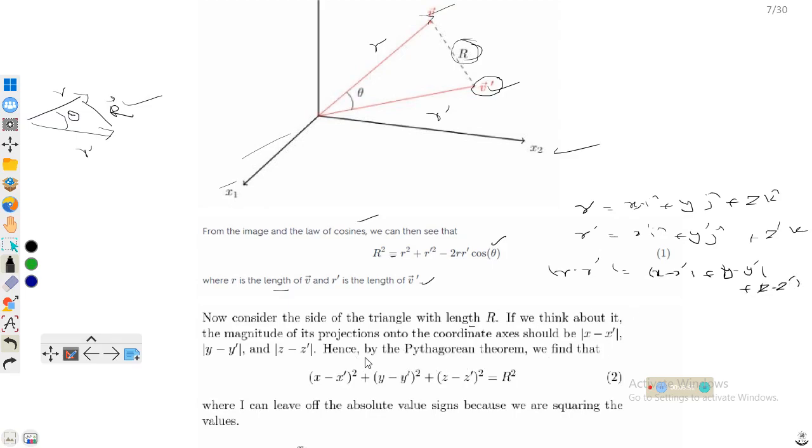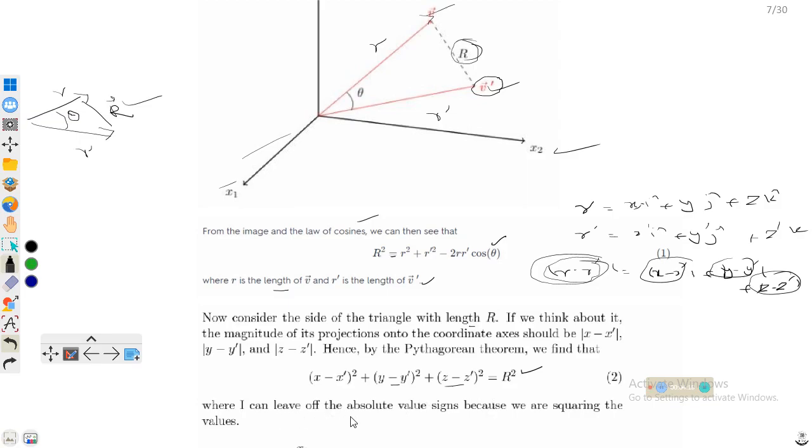By the Pythagorean theorem, the magnitude of R minus R prime is found from the sum of the squares of these individual components. So x minus x prime squared plus y minus y prime squared plus z minus z prime squared will be equal to the square of the magnitude of R minus R prime, which is R square.